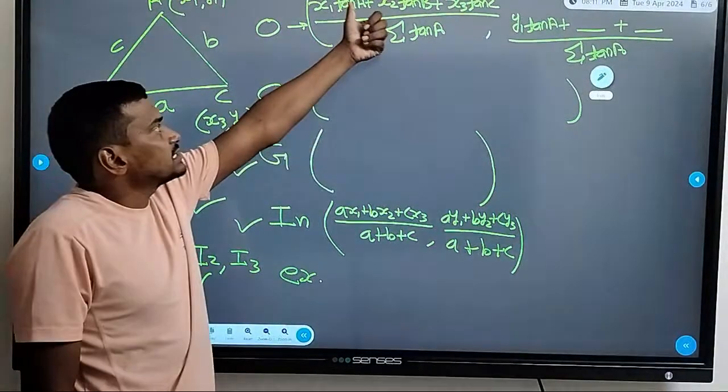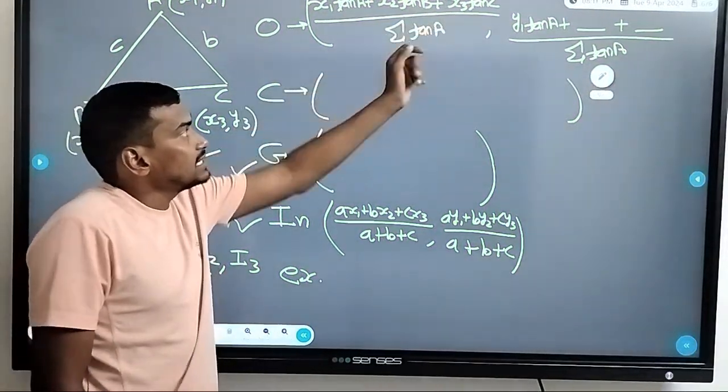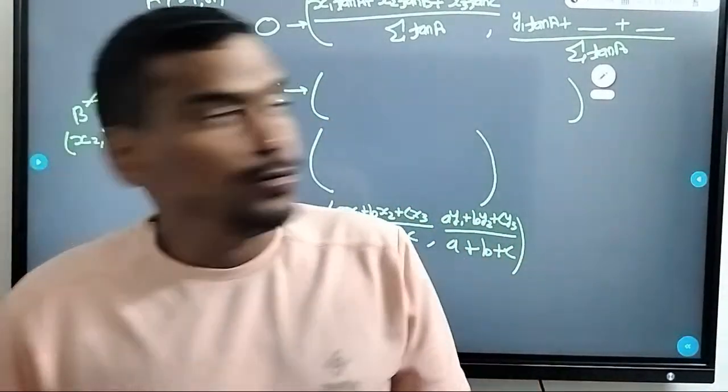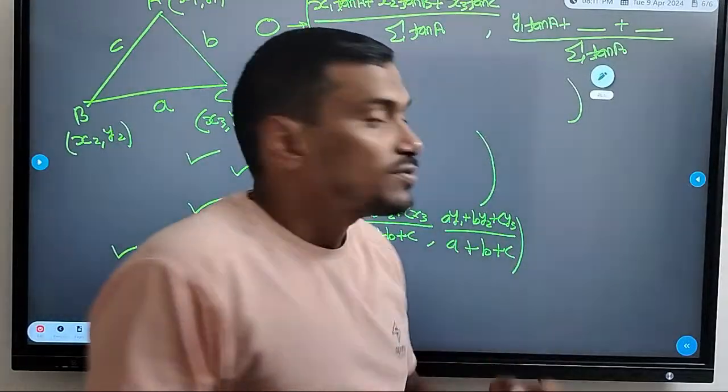Just change this tan A, tan B, tan C by sin 2A, sin 2B, sin 2C. You will get the coordinates of the circumcenter.